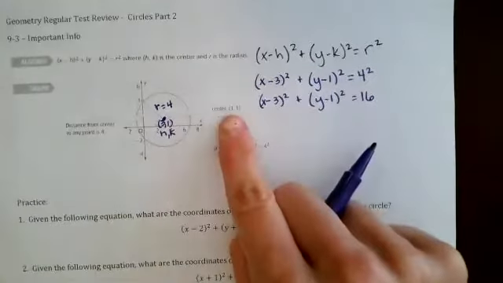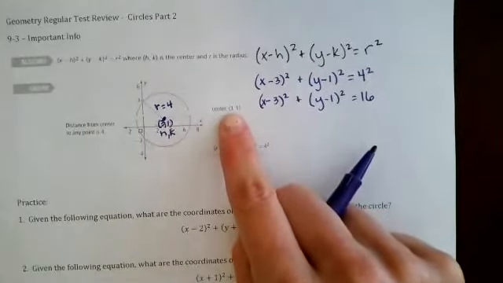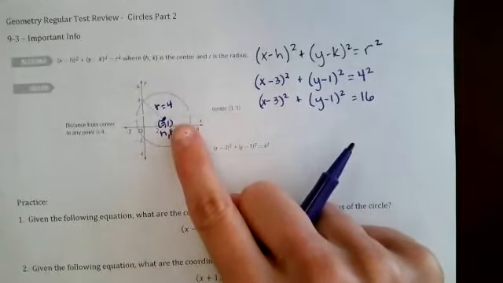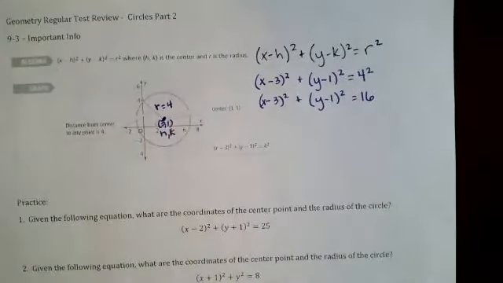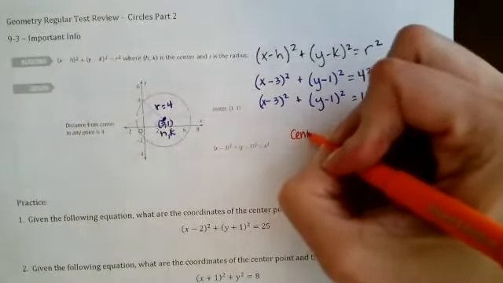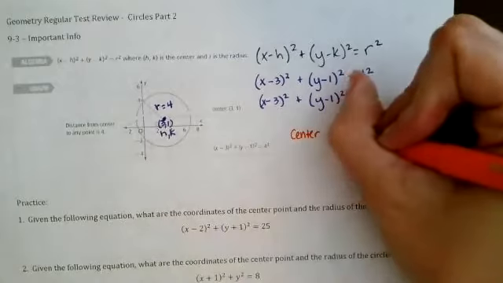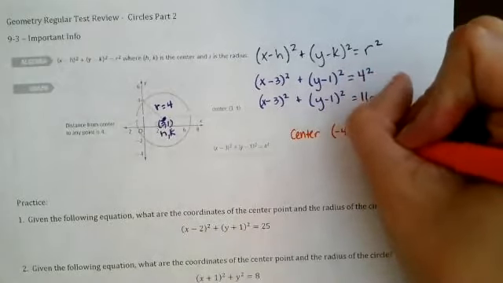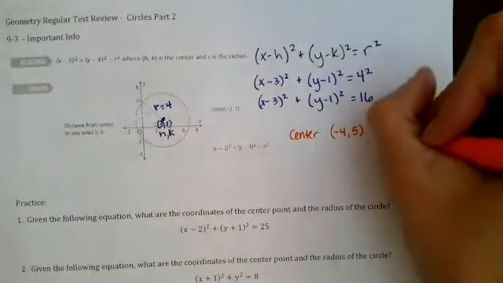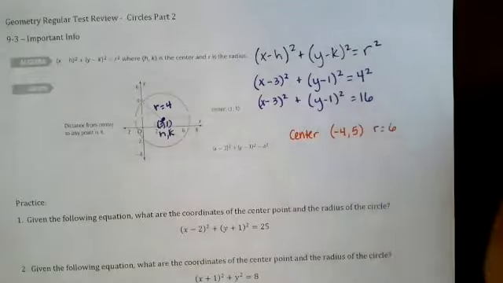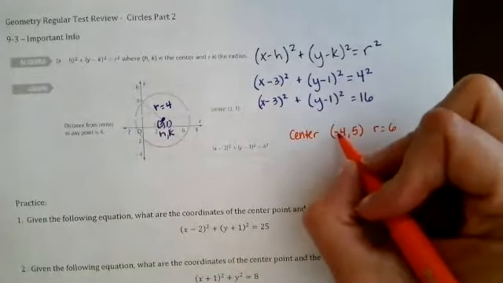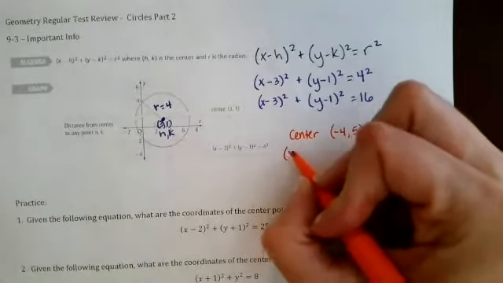Notice how in this example, the center point had two positive coordinates, a 3 and a 1. If we did another example where our center was (-4, 5) and our radius was equal to 6, we would need to be sure that we put that negative in our equation.